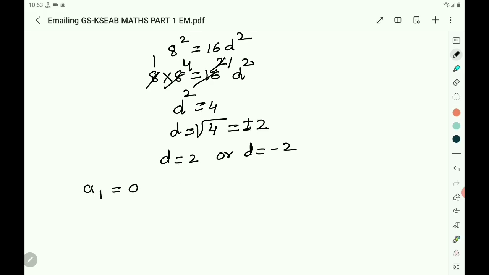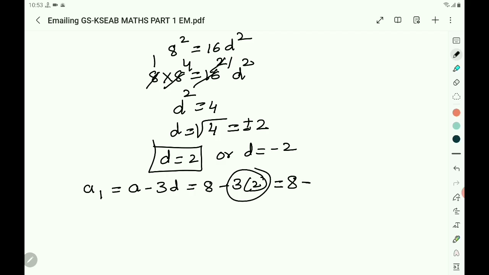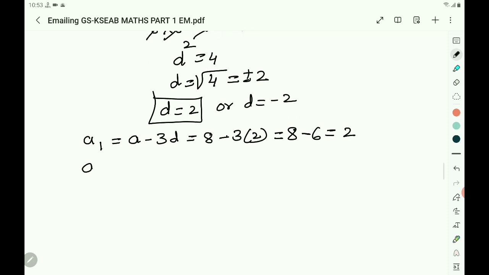A1 is A minus 3D. The value of A is 8. You got 8 minus 3 into 2, if you take D equals 2, equals 8 minus 6 equals 2. Then A2 equals A minus D equals 8 minus 2 equals 6.